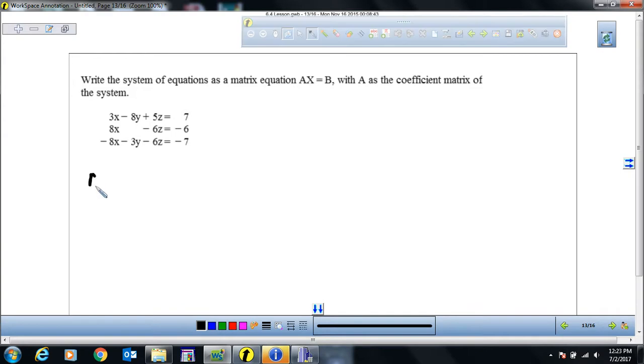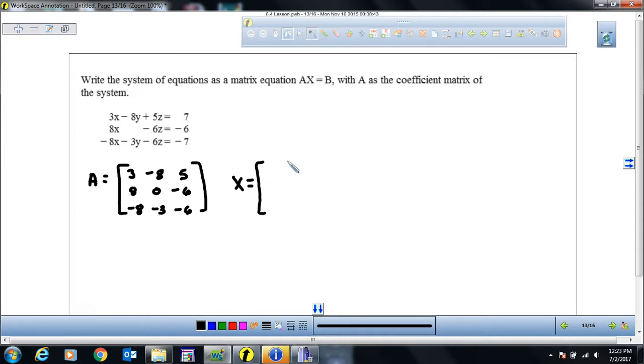So, right here, what is A? A is the coefficients, which is 3, -8, 5, 8, and then there's no y, so we put a 0, -6, -8, -3, and -6. That is my matrix A. Matrix X is my variable matrix, and my variable matrix means the variables of the system.